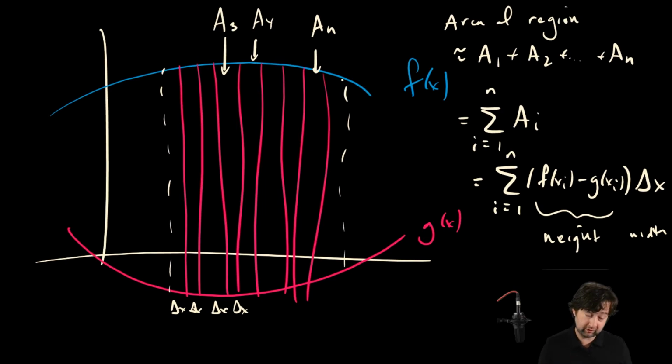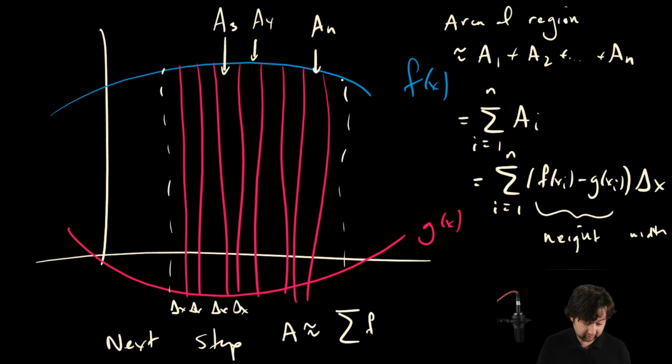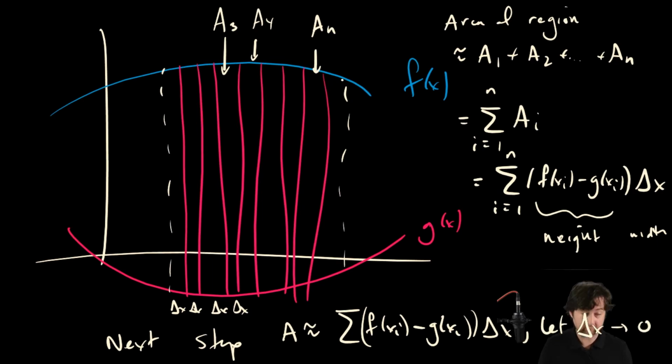So now what I want to do is I think to myself, okay, well, the next step should be, if the area is about equal to the sum of f of xi minus g of xi times delta x, how about we let delta x get small? Okay? And this is where the actual formula comes from.